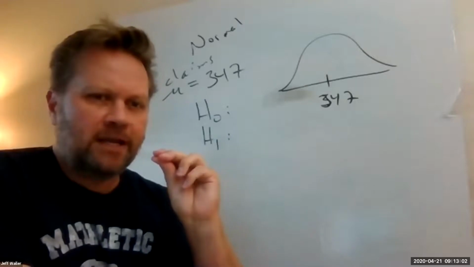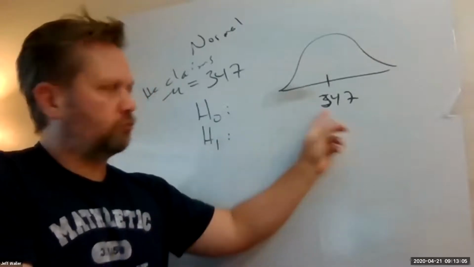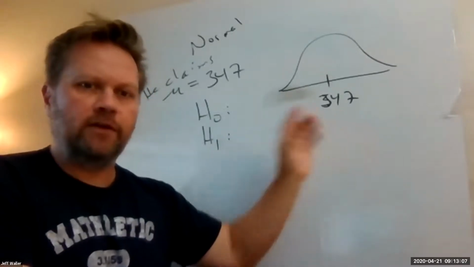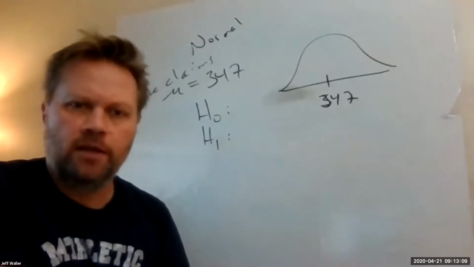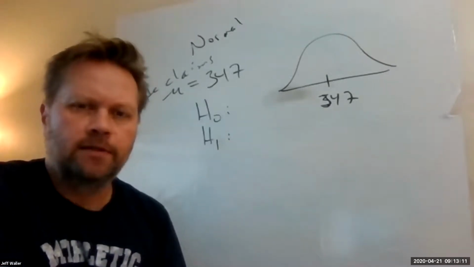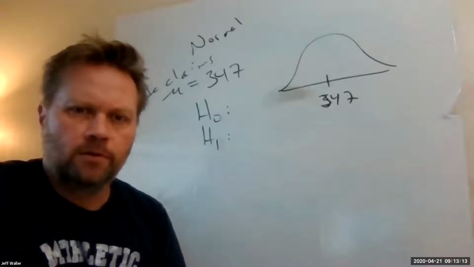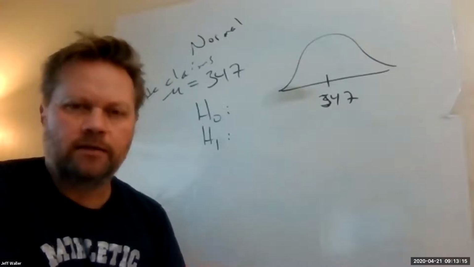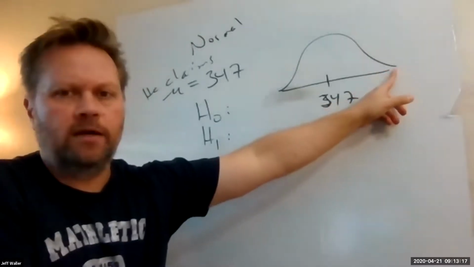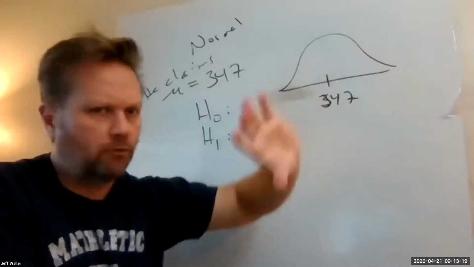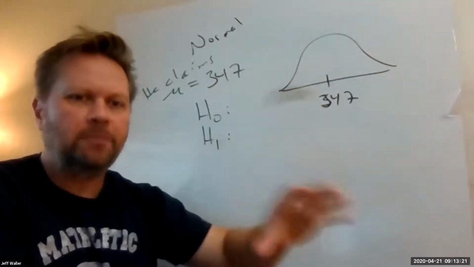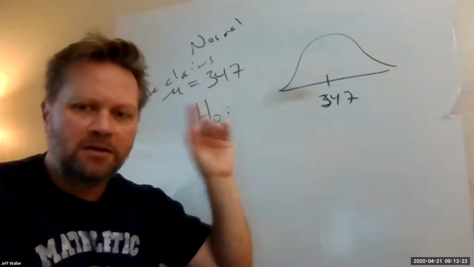Where should that sample be if the average really is 347? If I take a good sample, where should the sample average be? Would I expect it to be over there? If I take a random sample, the sample average should be close to the mean.